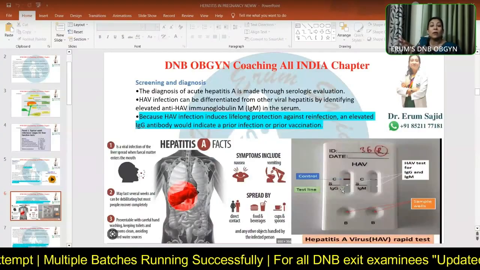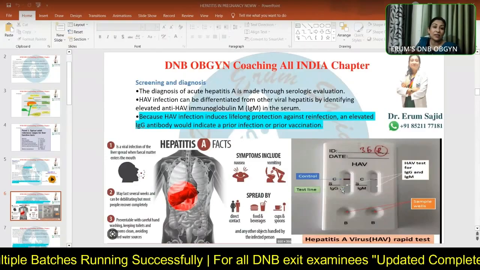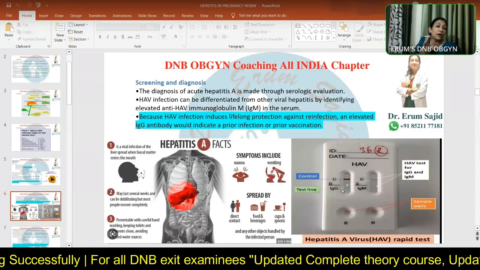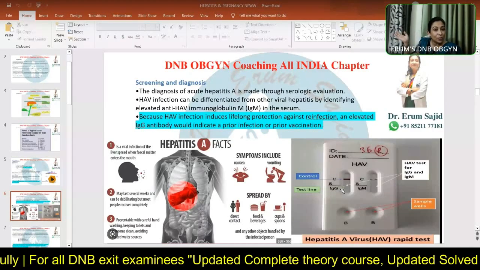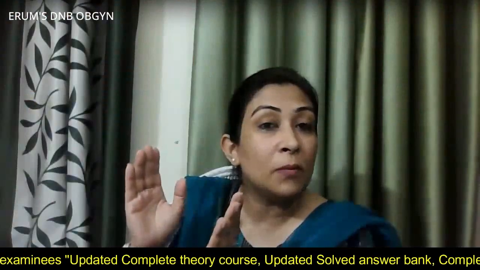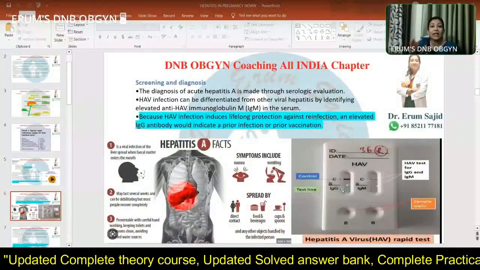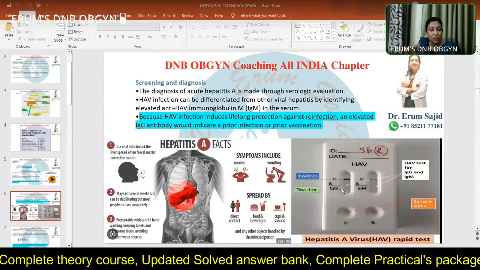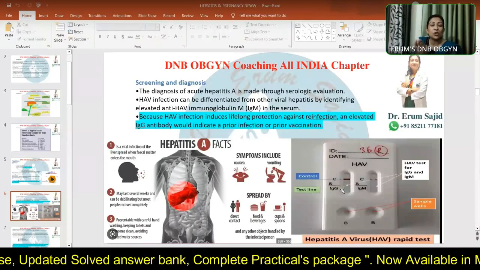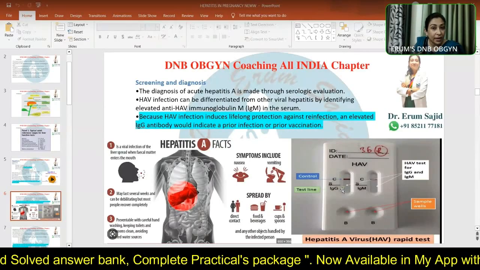With this picture memory, you will remember that hepatitis A virus is a diagnosis of serology. Always remember that IgG is a long-lasting immunity. Comes late, stays late. IgM is a short-term immunity, comes and goes early. So it's always a marker for acute infection. I hope this is absolutely clear to all my students attending the class today.